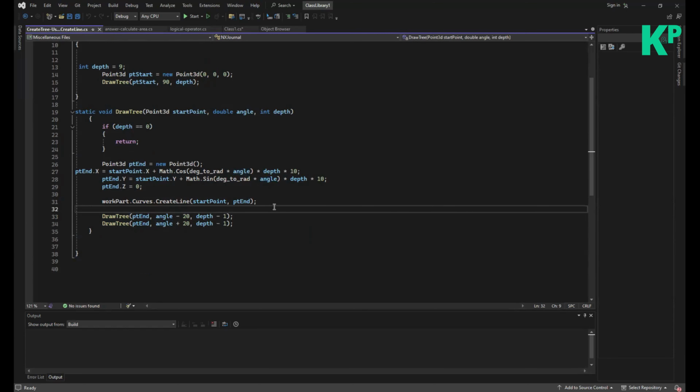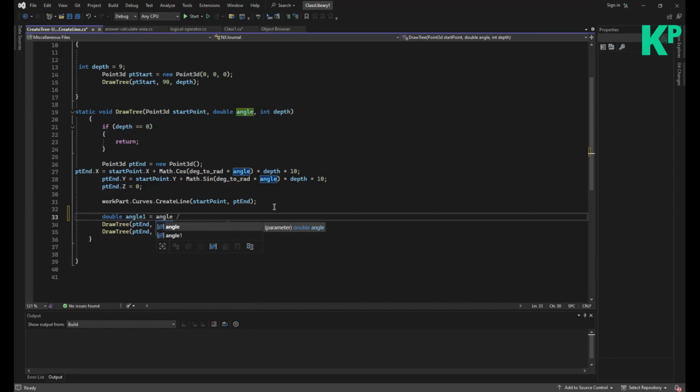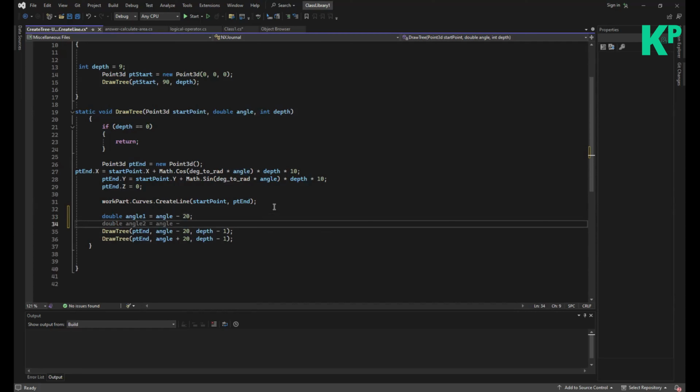Here we can do a simple tweak to convert the arithmetic operator into an assignment operator. I write a variable called angle1 is equal to angle minus 20. This is going to be the value.